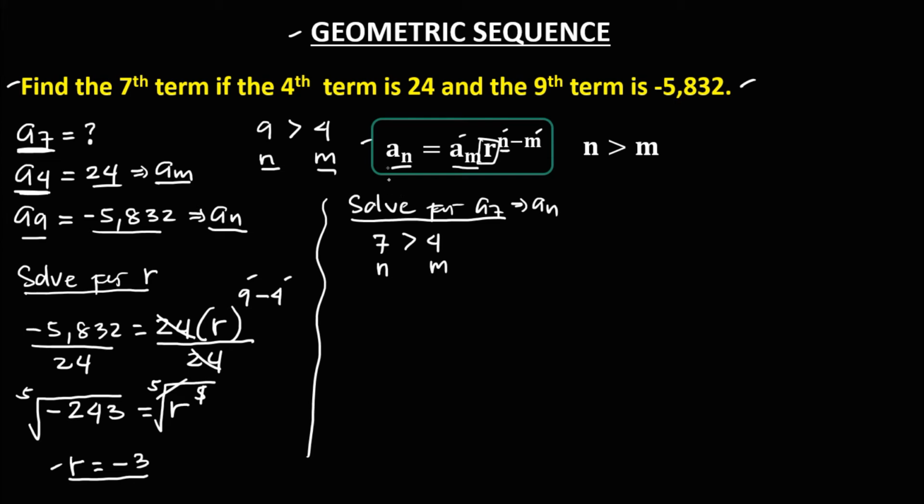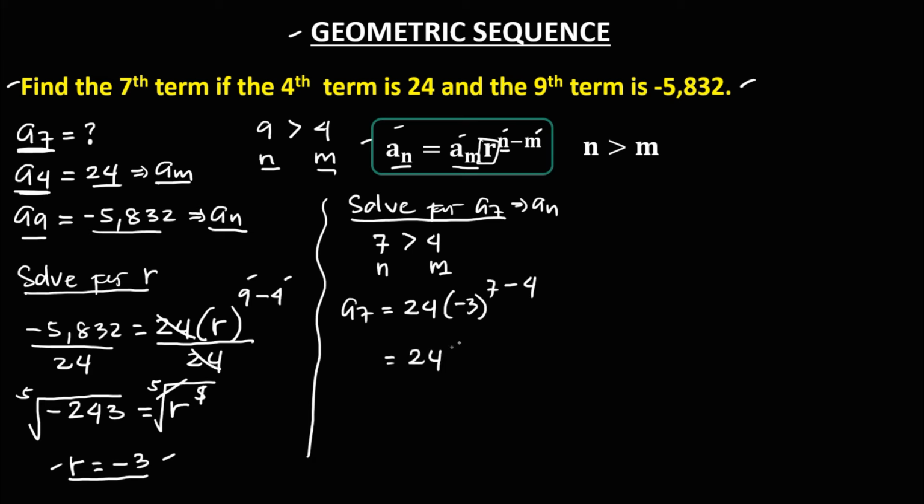Using the formula, a sub 7 equals a sub 4, that's 24, times r, negative 3, to the power n, 7, minus m, 4.